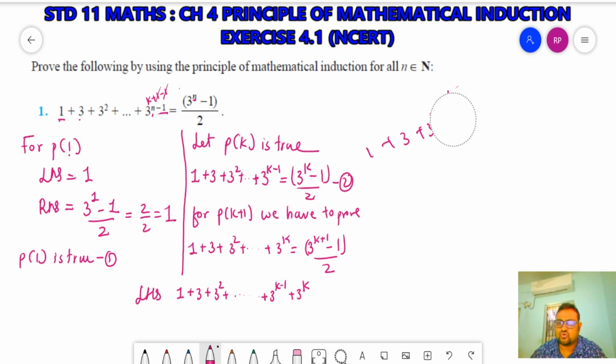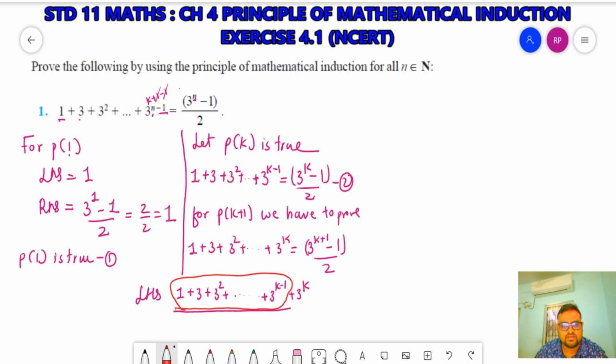Okay. So I had just written this term. Now see, what is this? Okay, if I take this, this is our equation 2, right? 1 plus 3 plus 3 square plus up to 3 raised to k minus 1. So what I will get?